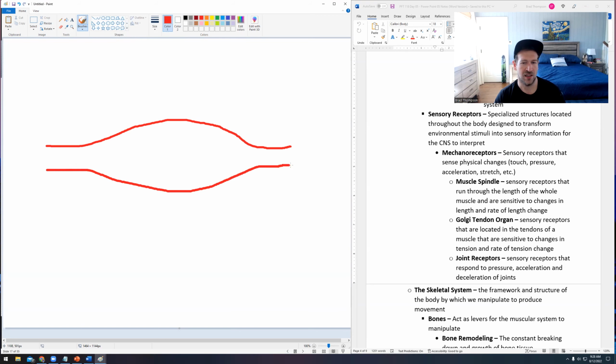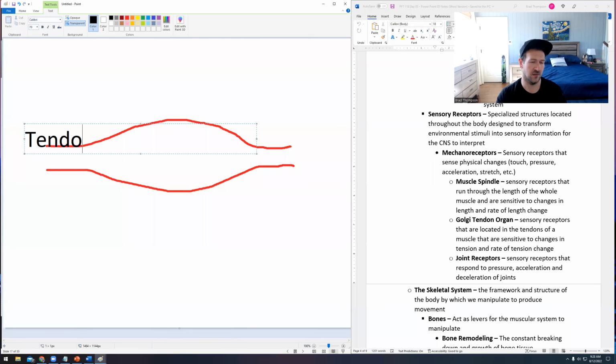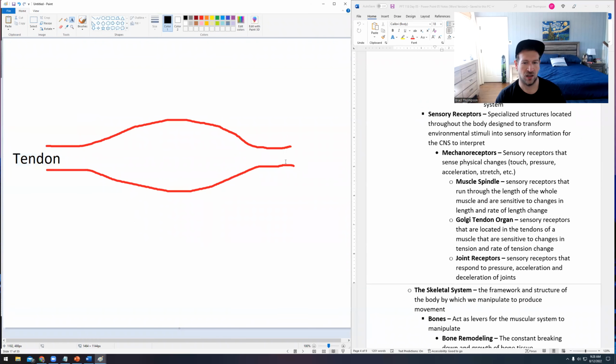So here's our muscle. We've got the tendon on this end, and we've got another tendon on this end.